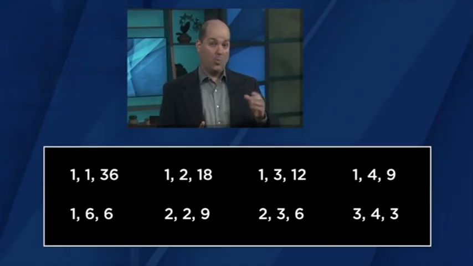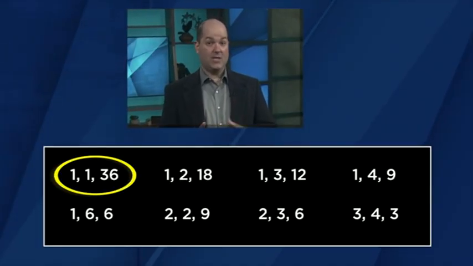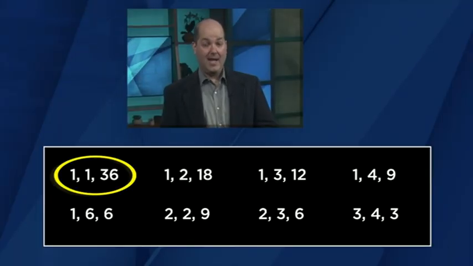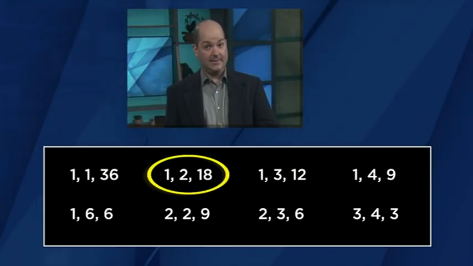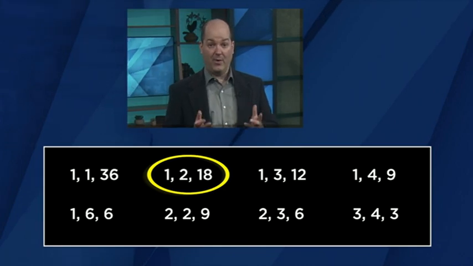We next learn that the sum of the ages is the same as Dave's son's age. I think we can assume that Dave knows his own son's age. And yet, this was not enough to solve the problem. But wait a minute. Most of those triples we listed have a unique sum. In other words, 1, 1, 36 is the only triple that sums to 38, and 1, 2, 18 is the only triple that sums to 21.